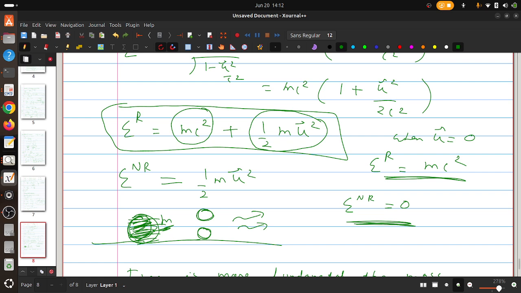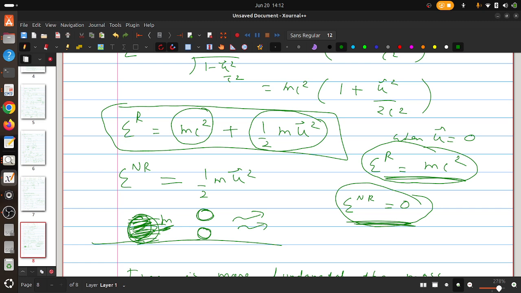But the main point here is if the particle is sitting quietly, then in relativity, for that particle, you have some energy. You cannot say that energy is zero. There is some energy even for a free particle, but there is no energy in the non-relativistic regime. Why?